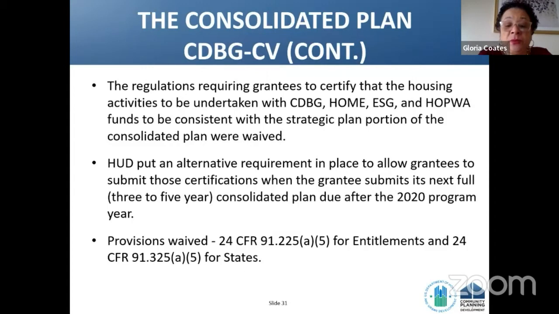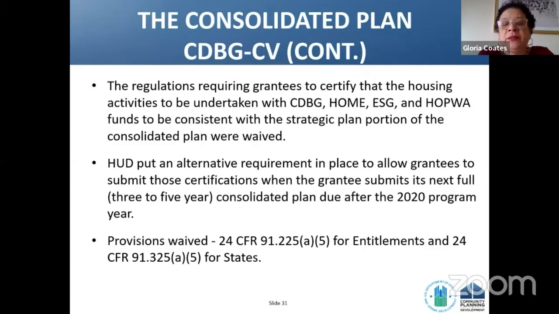However, that provision was waived. The pertinent regulation that was waived is below for entitlement and states for your information. The requirement that HUD put in place allows grantees to submit those certifications when you submit your next full consolidated plan that's due after the 2020 program year.